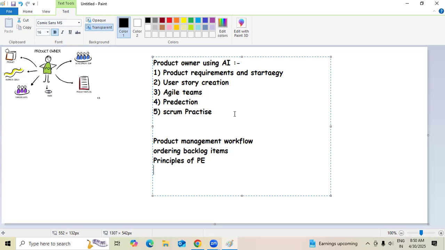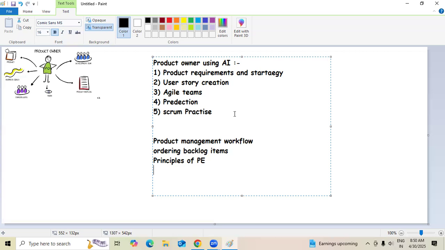Next, when it comes to implementing artificial intelligence, we need to know about user story creation and refinement, because, as we discussed in the last session at a high level, we need to identify how artificial intelligence can assist by generating user stories from different sources and feedback data.